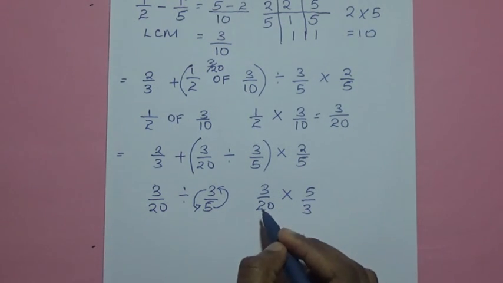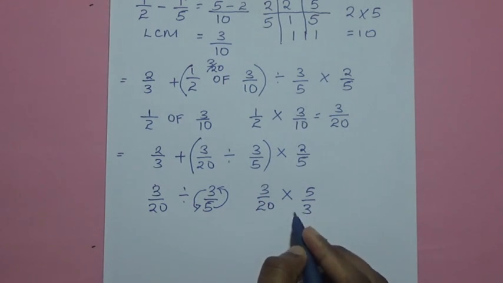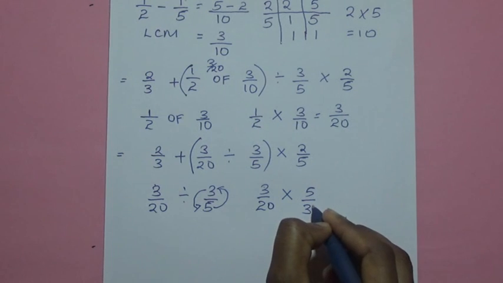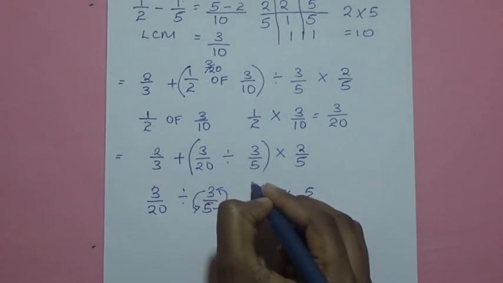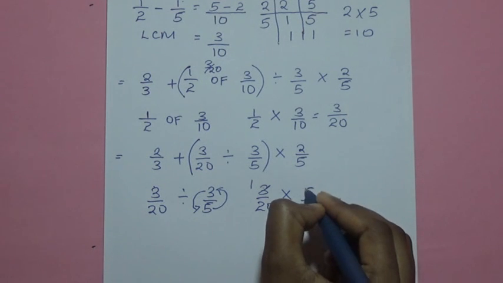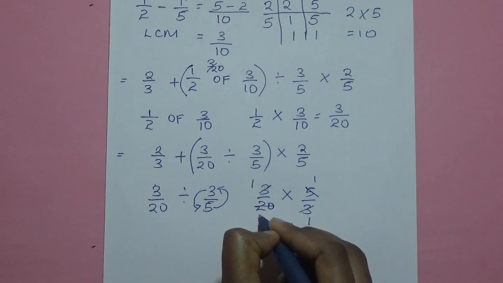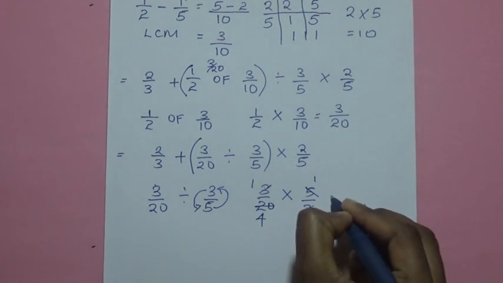Now, we simplify this. We can cancel, or we can divide by 3. We have by 3, 1, by 3, 1, and then 5 and 20. We can divide by 5. We have by 5, 1. 20 divided by 5 gives us 4.